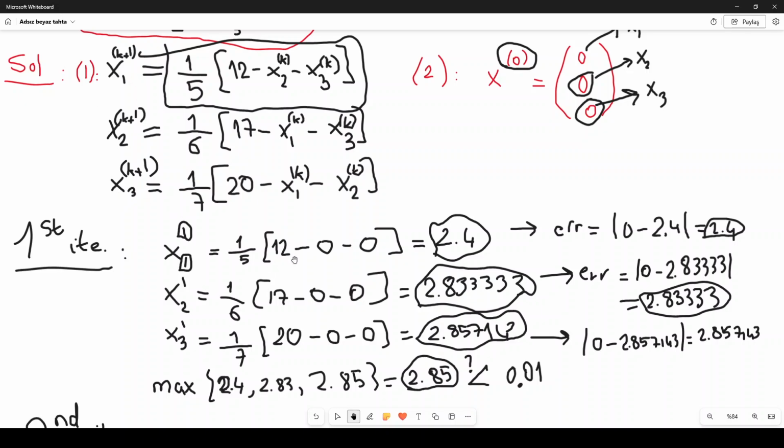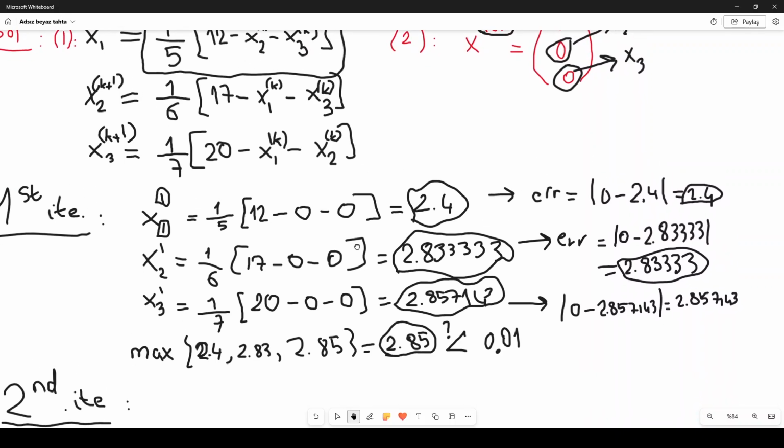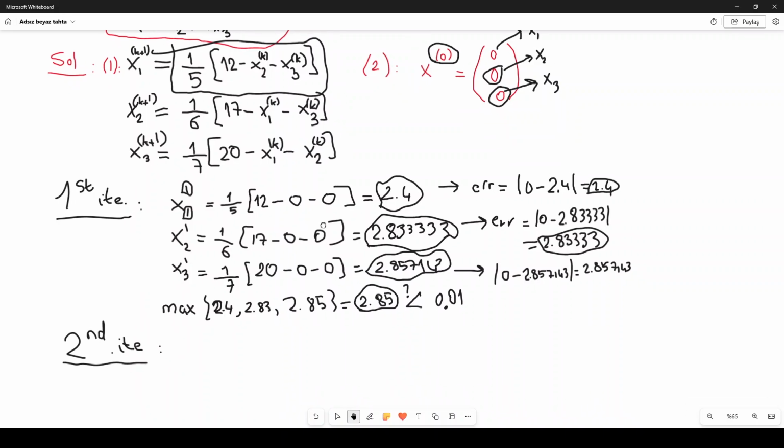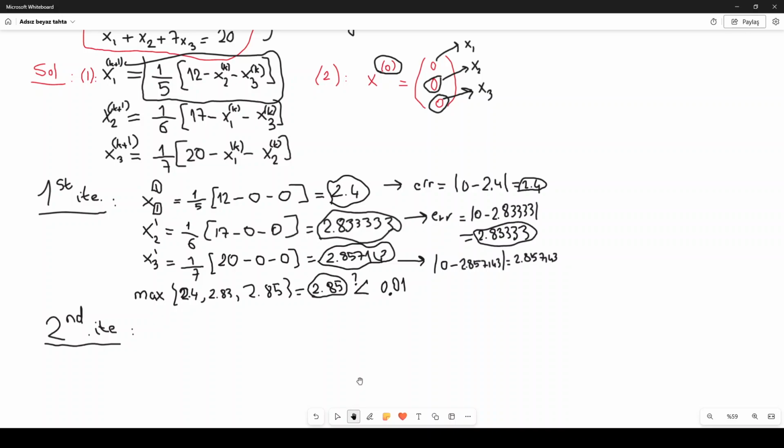But now we know the values of the first iteration, so we know the outputs of the first iteration. Now I plug these values in to find the new values of the unknown variables in the second iteration. So now what I have is, for the x1, let's make it a little bit smaller.